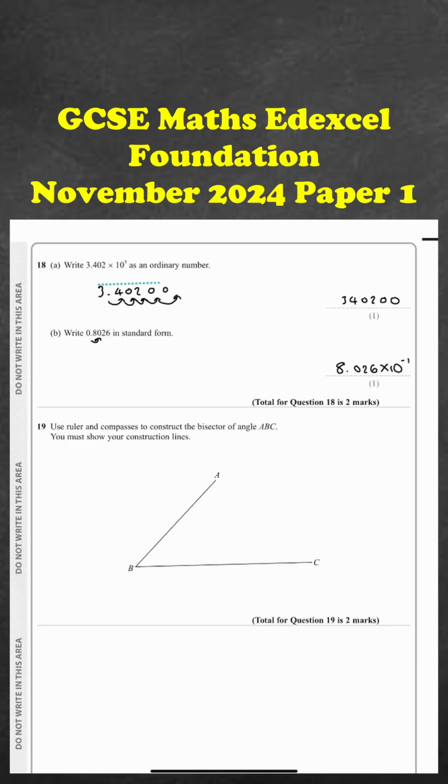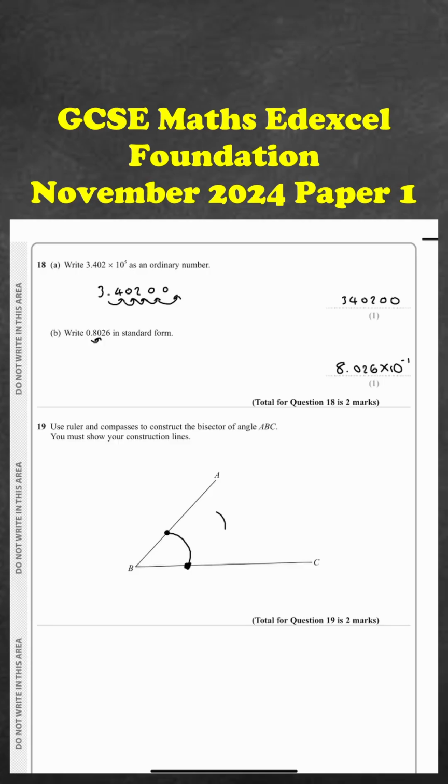Question number 19. Use ruler and compasses to construct the bisector of angle ABC. You must show your construction lines. So I've obviously not got my ruler and compasses that I can show you with on this iPad, but I'll tell you what you need to do. So this is the angle here we're looking at, angle ABC. You need to construct basically a little arc. Put your compass here where the point crosses line AB, and draw a tiny arc around here somewhere with the compasses.